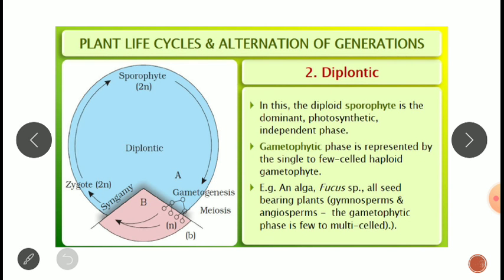So the gametophyte is going to be there for only a small duration, and the sporophyte is going to be dominating the life cycle. Examples are some species of algae like Fucus, and all the seed bearing plants, that is gymnosperms and angiosperms, are going to be representing the diplontic life cycle.